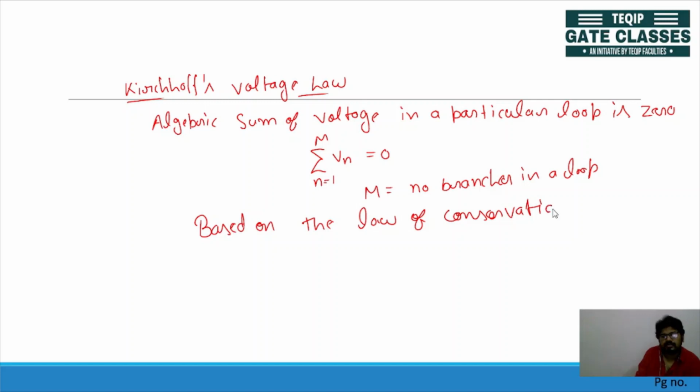This is the point you need to remember. In other words, you can also define it like the voltage drop will be equal to the voltage rise in a particular loop.